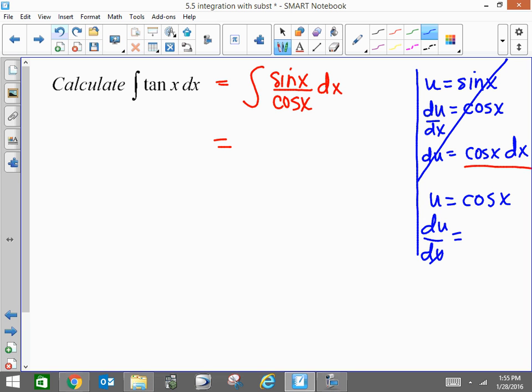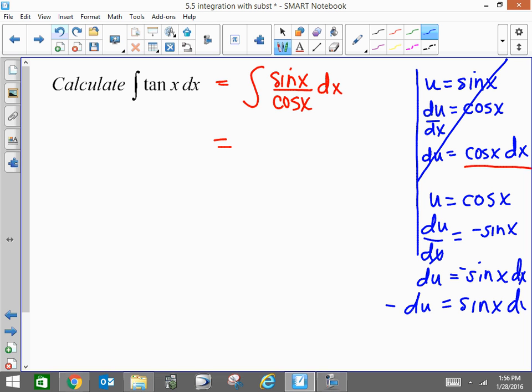But all right, so what's the derivative of cosine x? Negative sine. So du equals negative sine of x dx, which we have, right? I'm looking at it. And we can throw the 1 over to the other side. So we have this, right?